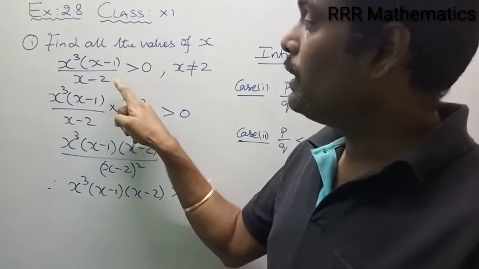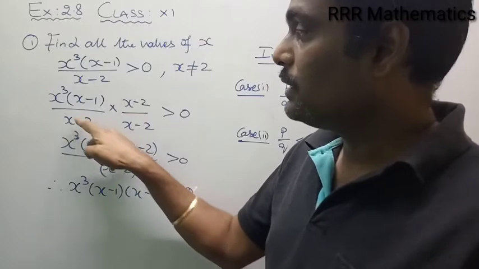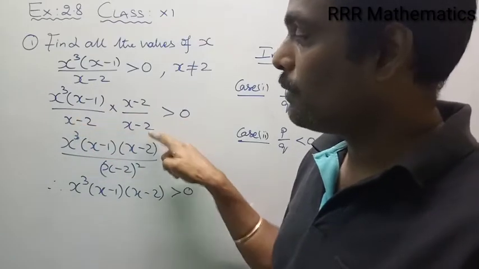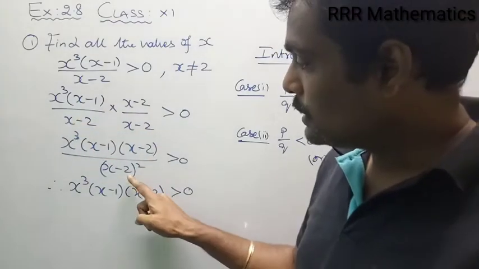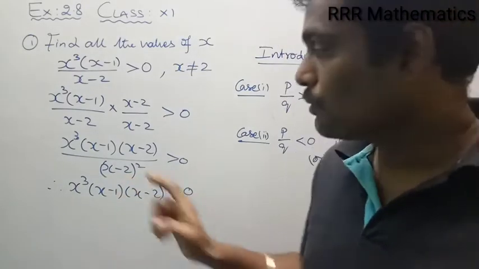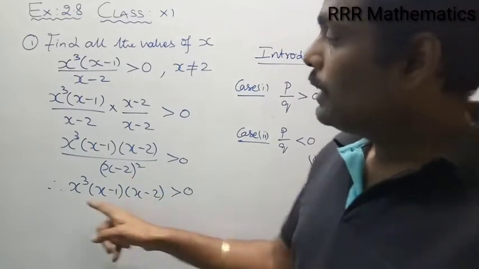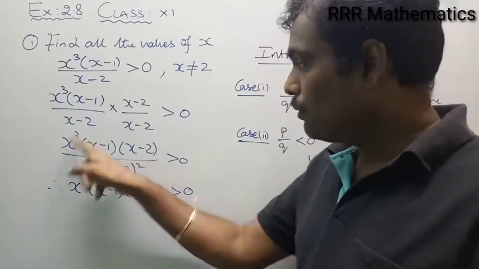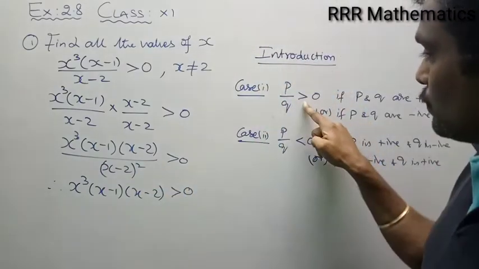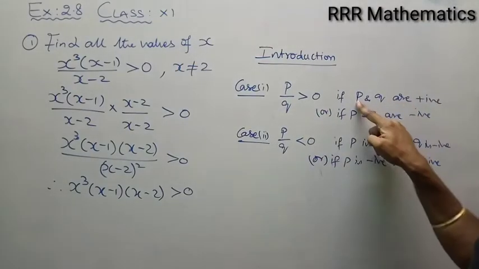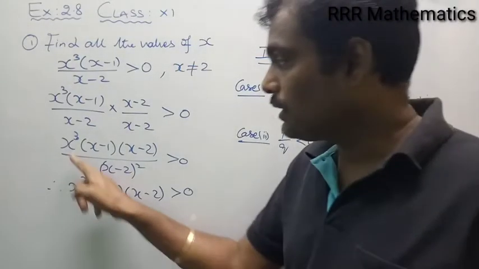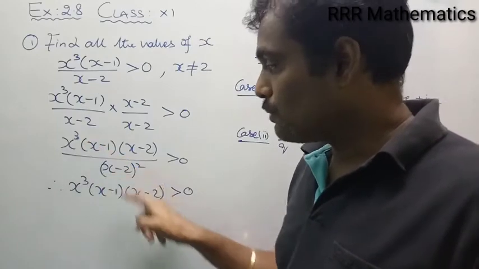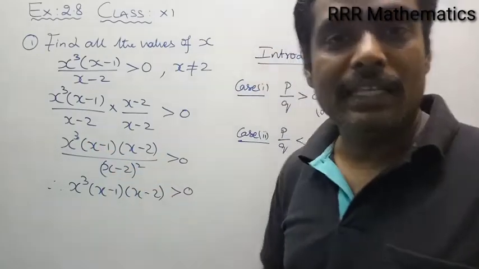Just multiply and divide by the factors which are in the denominator. So I have x minus 2, multiply and divide. If we do this process, the denominator will be strictly positive because a whole square will come. And see the numerator. If the denominator is positive and the whole fraction is positive, I can say the numerator is also positive. Therefore, the numerator x cube into x minus 1 into x minus 2 is greater than 0.